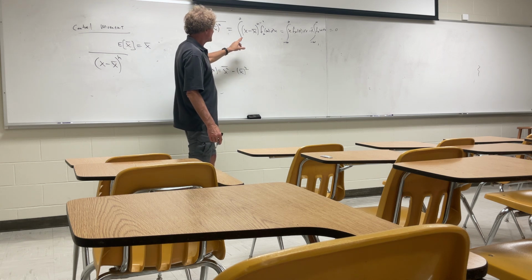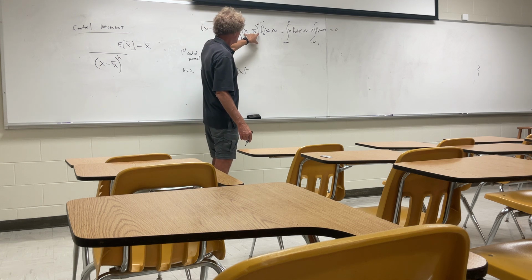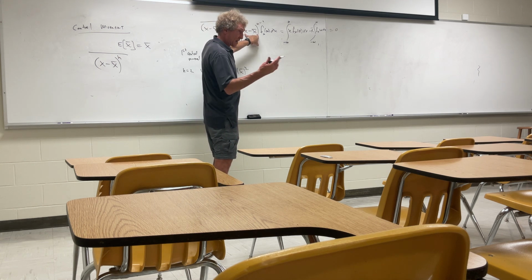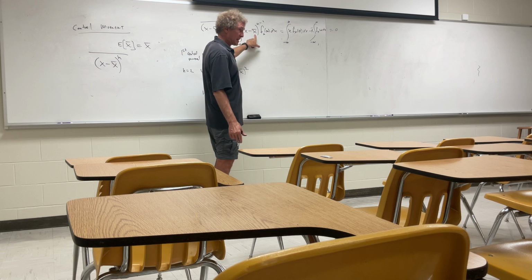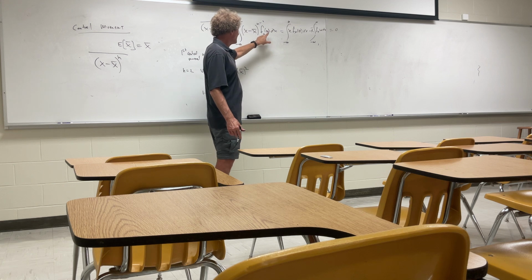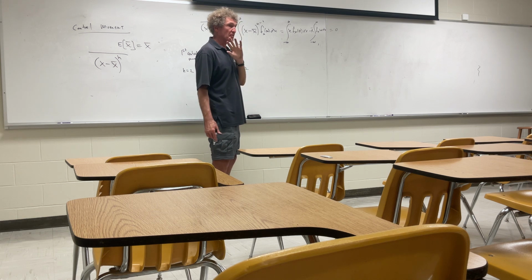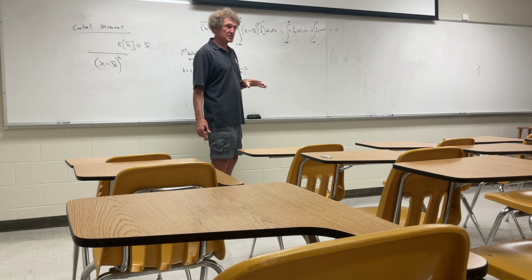The reason is this right here is going to be an odd function about the mean. See how you're subtracting the mean off of it? For a third central moment, that will be an odd function, and this will be an even, and you're integrating an odd from minus infinity to plus infinity, and it will be 0. Now I'm going to get to this more with the Gaussian distributions.